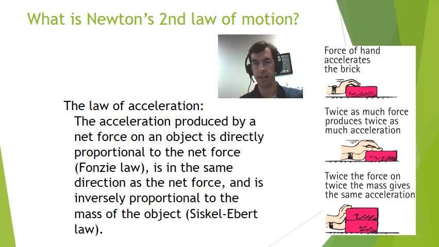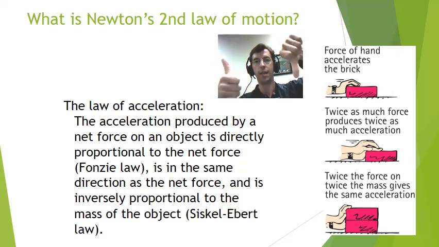Their show was most entertaining when they disagreed, when the one guy liked a movie and the other guy didn't. That's why I call this the Siskel-Ebert law. It turns out when your mass goes up, your acceleration goes down. They're inversely proportional. When the mass goes down, acceleration goes up.